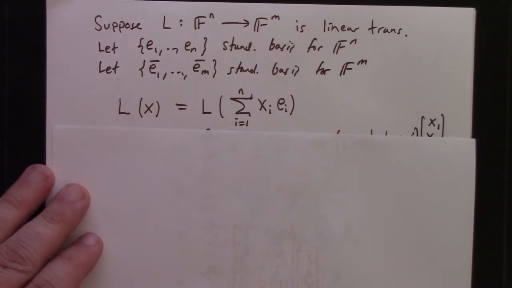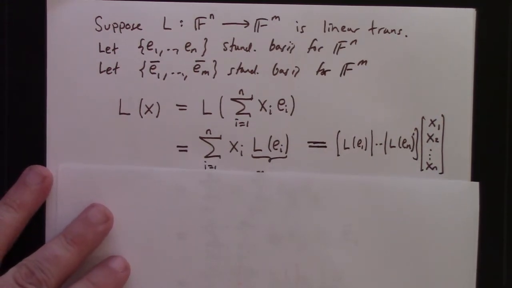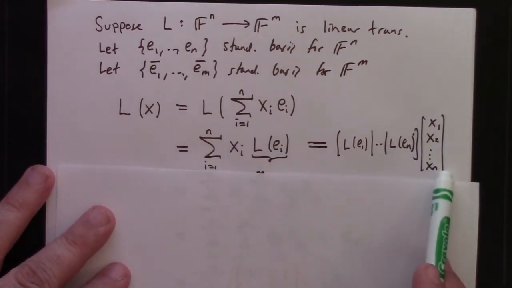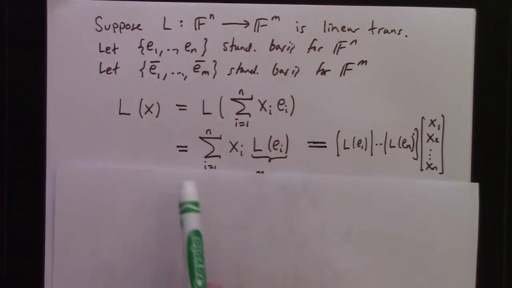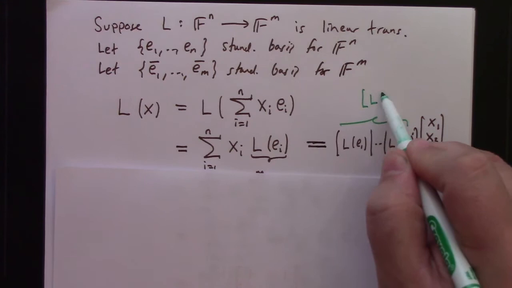L of x is equal to that, so we just break up x as the sum over the standard basis, and use homogeneity to pull x out. I'm basically just undoing the proof I just did to show you why that standard matrix has to be what it is. Which brings us to this, but then again, this is a linear combination of those vectors, so we can rewrite that as a matrix-column multiplication like that, and there you go. That's why this has to be the standard matrix for L, right? And our notation for this is the standard matrix of L.